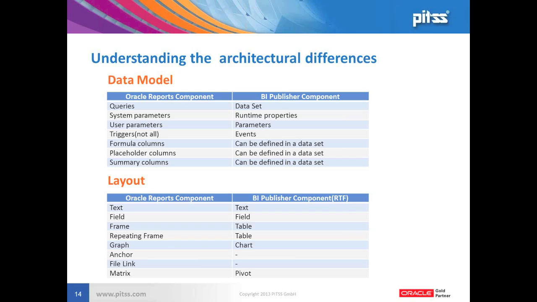Some objects that exist in Oracle Reports have a clear equivalent object in BI Publisher, which in some situations are almost identical, and like I said, this is more in the data model component. In other situations, they are just similar, more in the layout. For those objects where BI Publisher doesn't offer an equivalent, you may try to identify a suitable workaround in the environment that you choose for developing the layout.